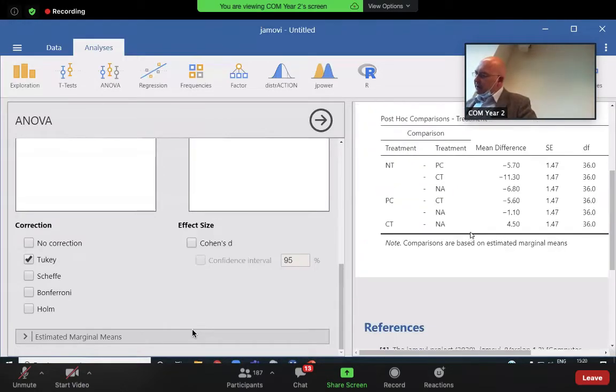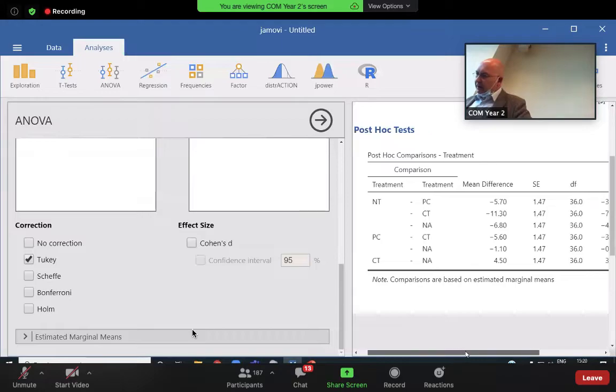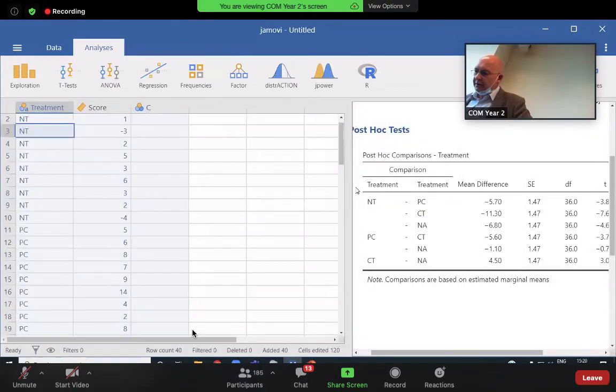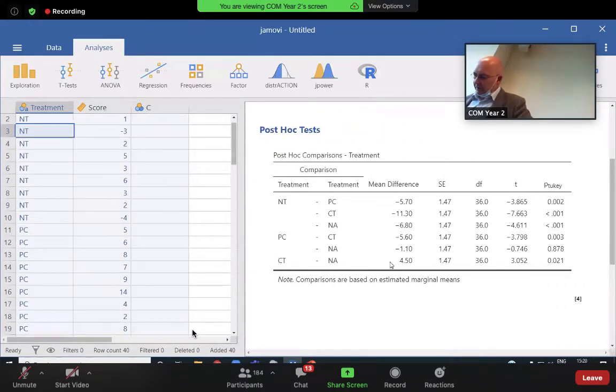Okay, so we've got our table, our output here. These are the different comparisons. So what we have is the Tukey's p-value here.